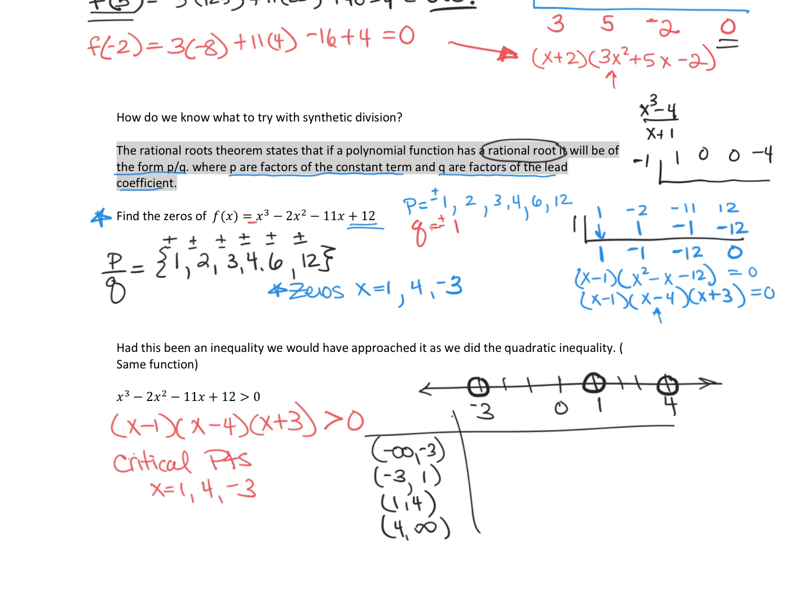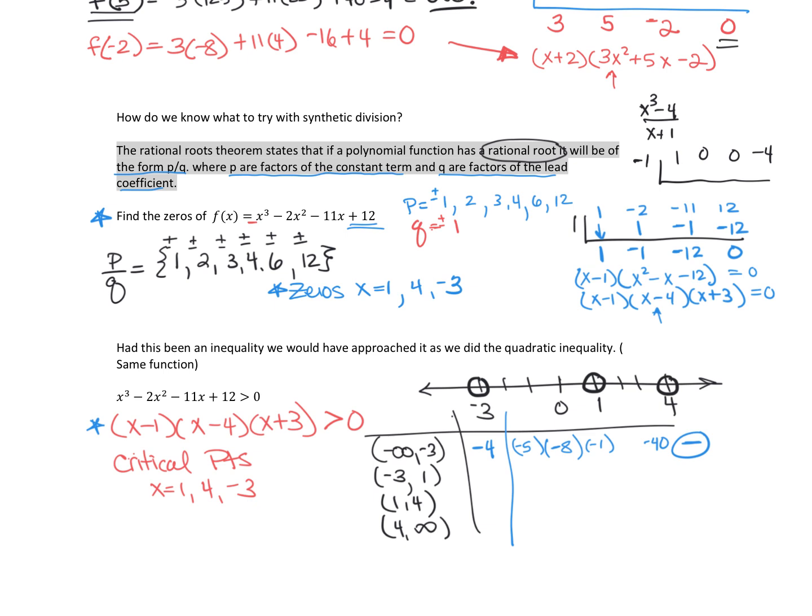So in this interval, I'm going to test -4, and I'm going to plug it into this factored form. So -4 minus 1, -5. -4 minus 4 is -8. -4 plus 3 is -1. And we get a -40 for the result, or more importantly, a negative result.